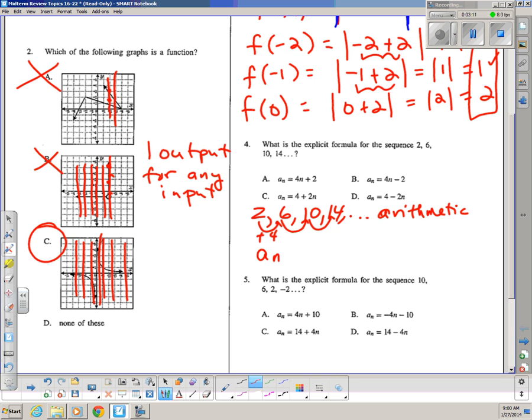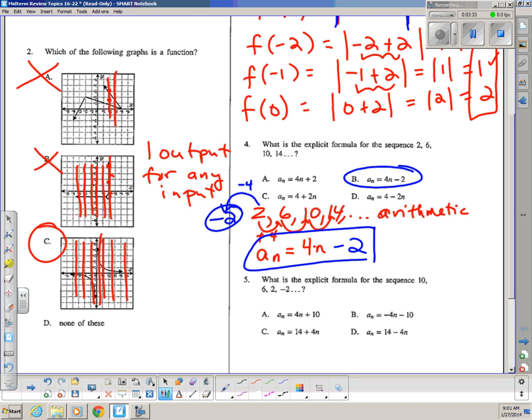So if you remember, we're going to be doing 4 times the n. That tells you how many times I'm going to add. And here's the part that people forget. I have to backtrack 4 to get the y-intercept, if you will, which is going to be -2 in this case. So my formula is going to be a of n equals 4n minus 2, which is choice B.